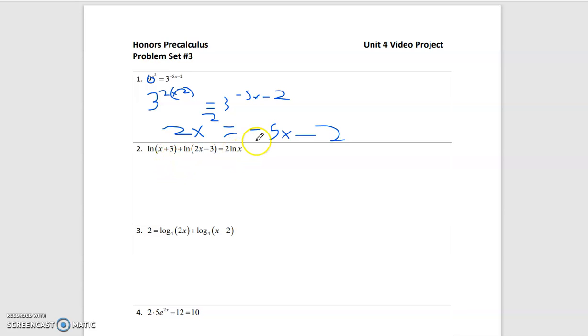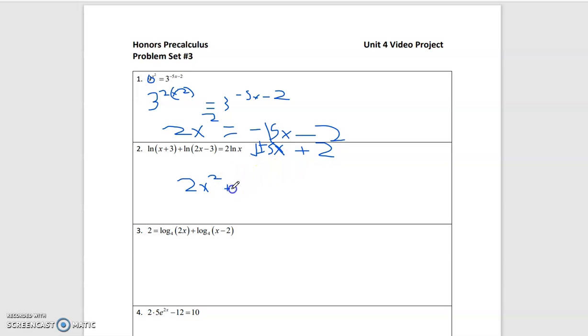So I'm continuing my work down here. Going to get 2x squared, because, and I should have mentioned, you're going to want to move both of these to the left side to set this other side equal to 0.